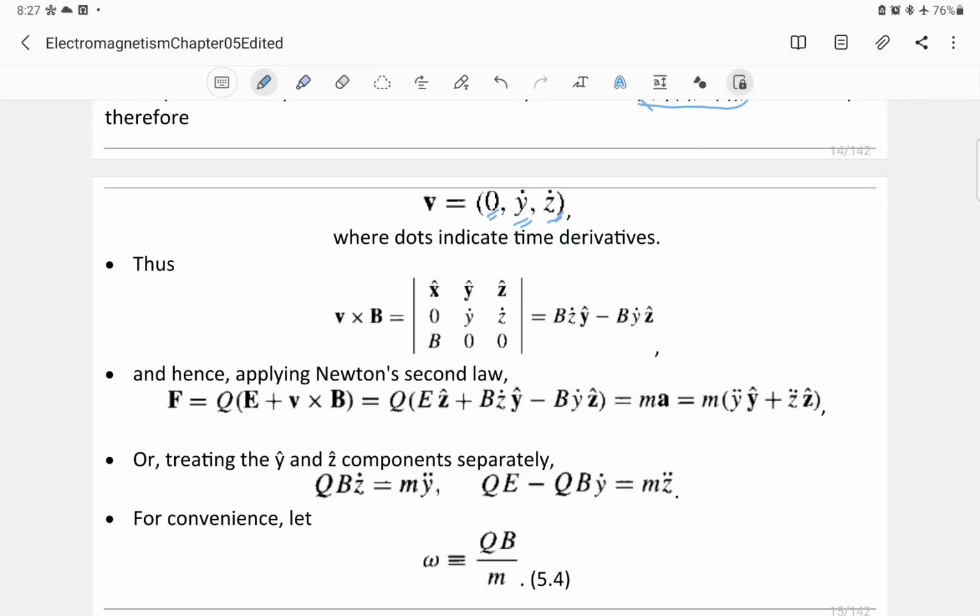So your v cross b can be written into a matrix. So this is your speed, and this is your magnetic field. So if you do the matrix operation of determinants, you will be able to get this. So the force will be in the yz direction.